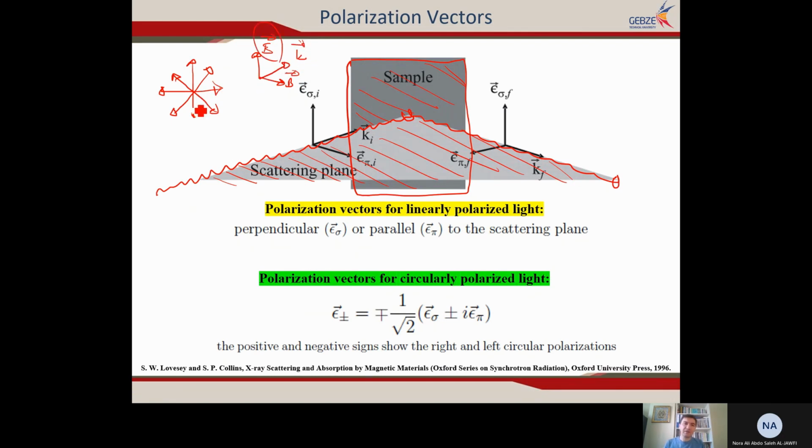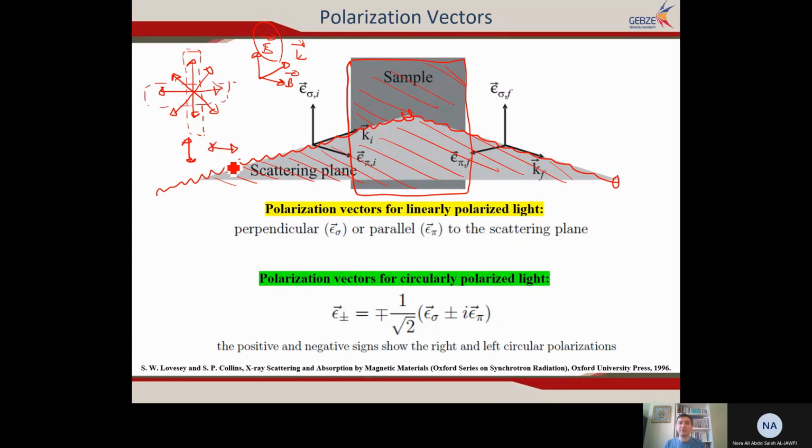So this electric field component can be like this in unpolarized case, or if you polarize, what is the meaning of polarization? You select certain electric field component from the unpolarized light, then you have this one. Or you can choose this one, okay?